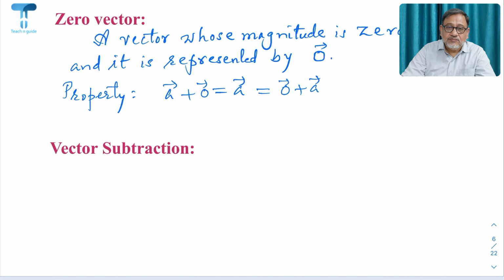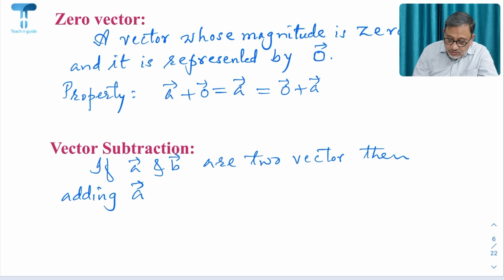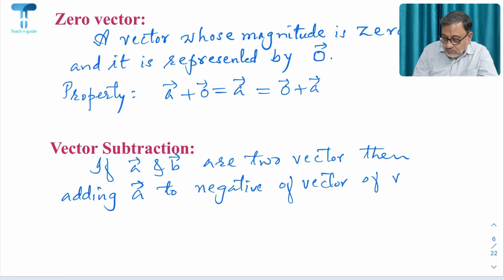Now vector subtraction. You cannot call it just minus, but if A and B are two vectors, then adding vector A to the negative of vector B is their subtraction.